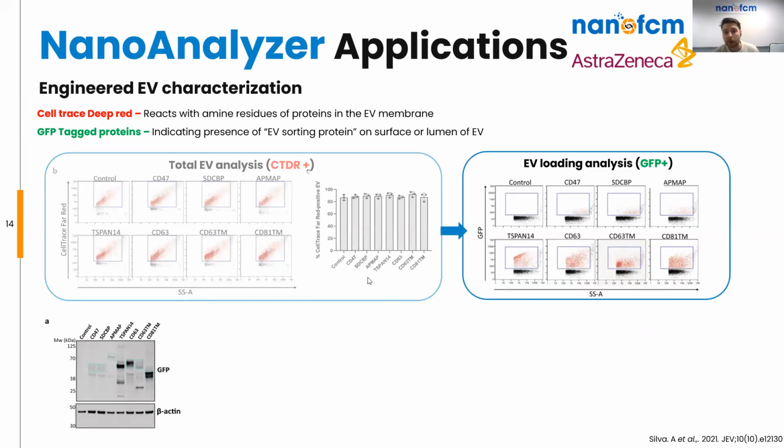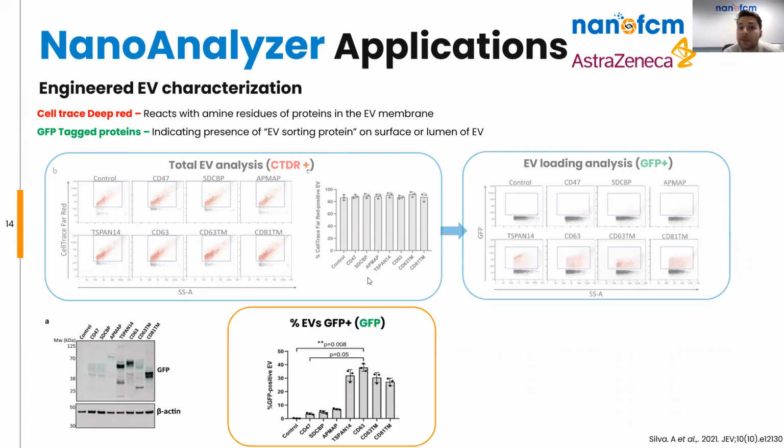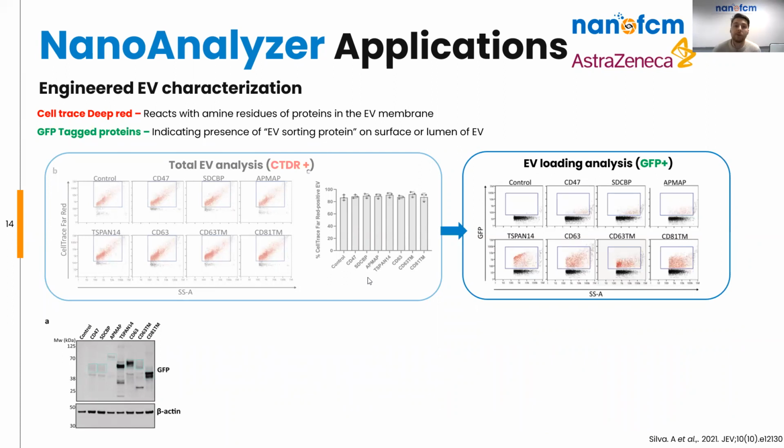Moving on to look at the percentage of EVs which are loading GFP. We can see here that the dot plots generated for these 4 samples do look very different. The 4 transgenic lines shown previously by Western blot are again showing a higher level of staining than the others.